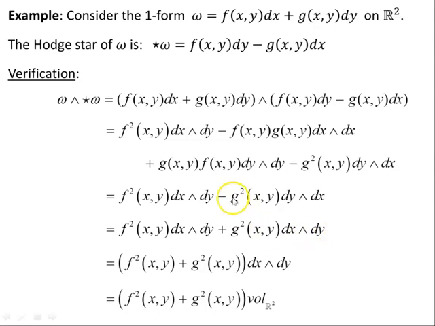Put the dx first, but that'll change the sign out here as a single swap, one swap. So an odd number of permutations changes the minus sign to plus. f squared dx wedge dy plus g squared dx wedge dy gives us f squared plus g squared in parentheses. Common factor of dx wedge dy is f squared plus g squared times the volume form for R2. So that holds.